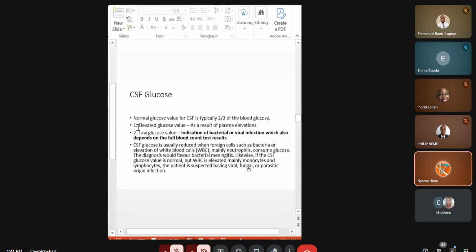Sorry, your WBC levels is high. The WBC is the white blood cell count. The white blood cells are more like the soldiers of the body. So they are always high in a full blood count when there's a bacterial infection. Why? Because whenever there's an infection, the body sees it as a foreign organism, and so the body calls its soldiers.